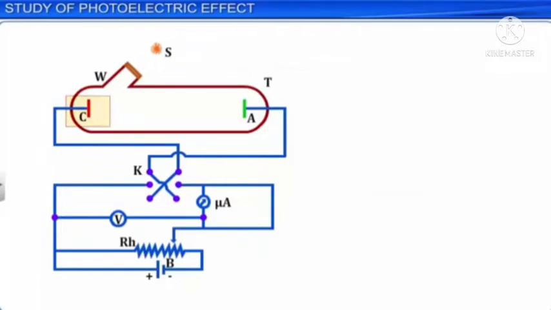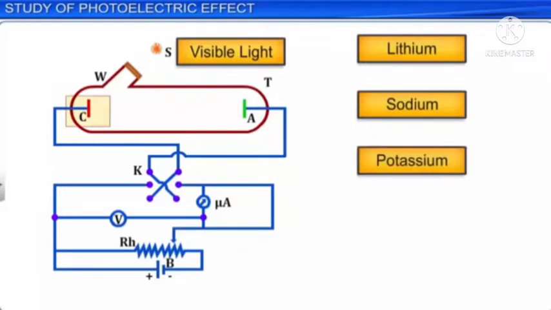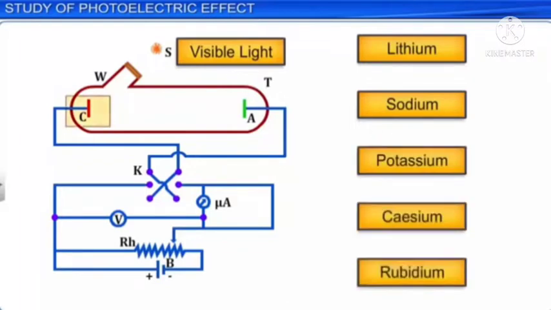However, if the source of light used is visible light, then the photoelectric effect is observed with metals like lithium, sodium, potassium, cesium, and rubidium.